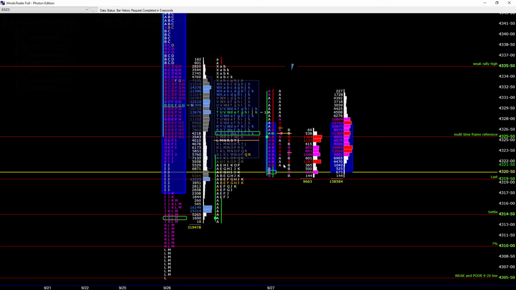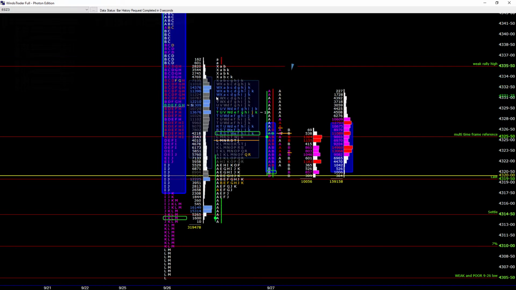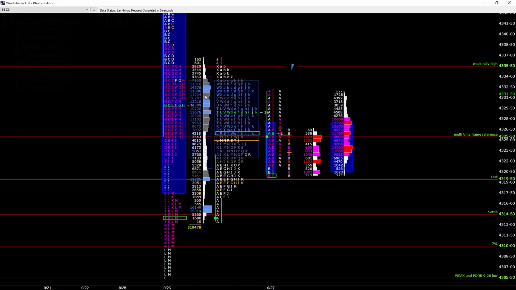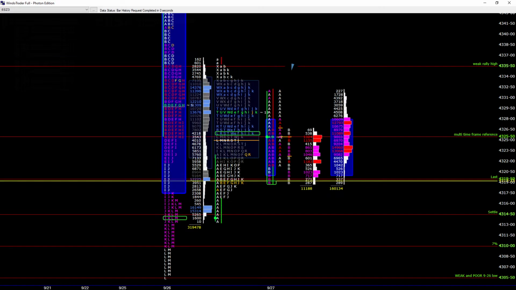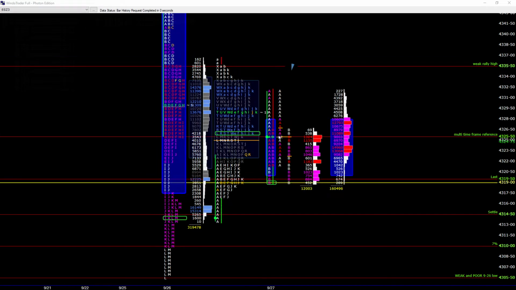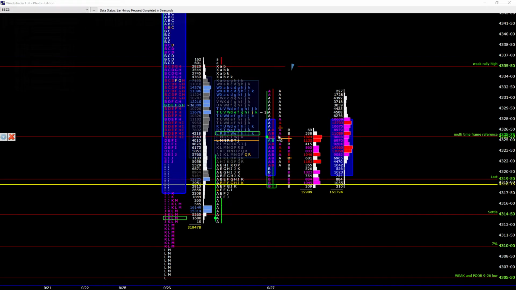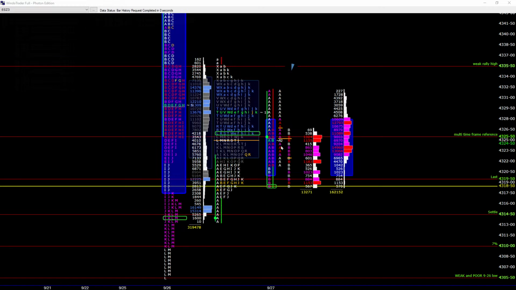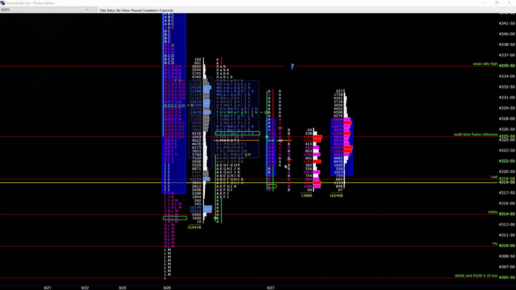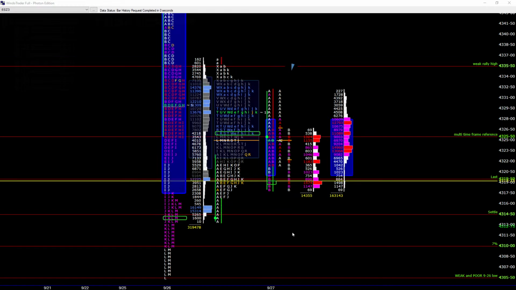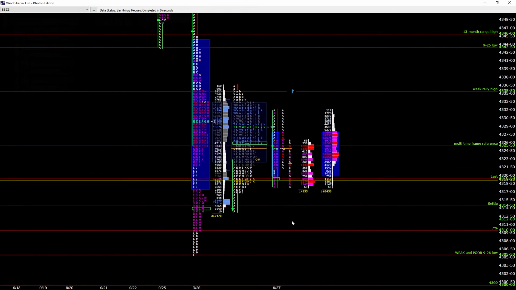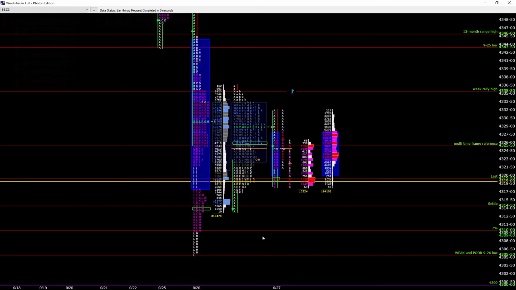A low has been taken. This week's high has not been repaired. You have a good amount of volume here. You have 14,000, I think that's good. 14,000 is way more than. Buying coming from value area low.